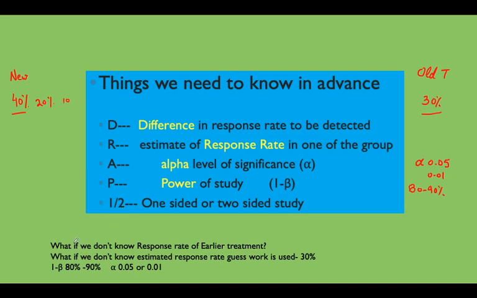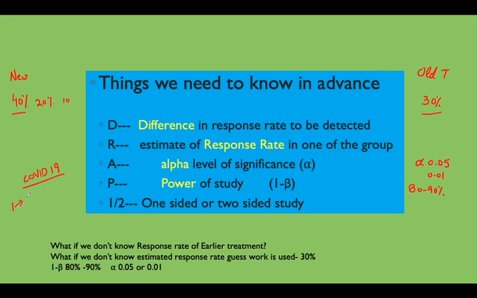Now there are a few questions which I would like to elaborate on quickly. What if we don't know the response rate of an earlier treatment? We are dealing with a very fatal disease like COVID, where there is no established treatment available. In that case, the response rate is always on the one-sided side of the story because the patients are already dying.